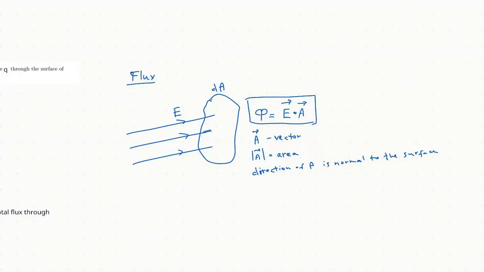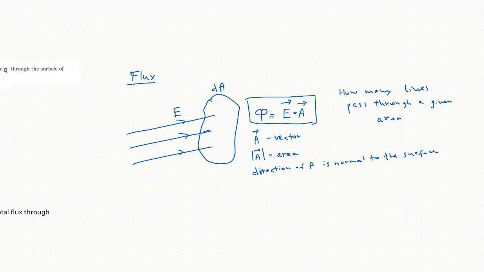So sort of how many lines pass through a given area. You can think of it like the wind.